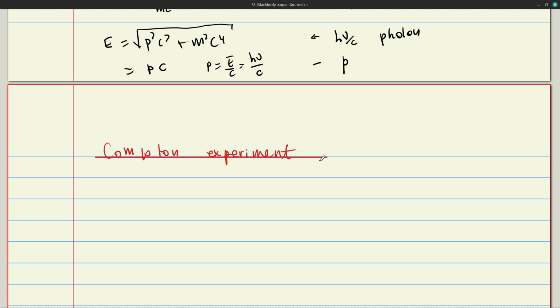So in the Compton experiment, what we have is an X-ray source, and you take the X-ray source and bombard a target.